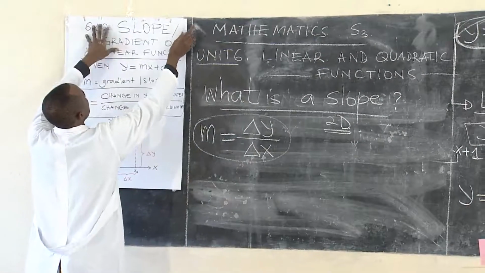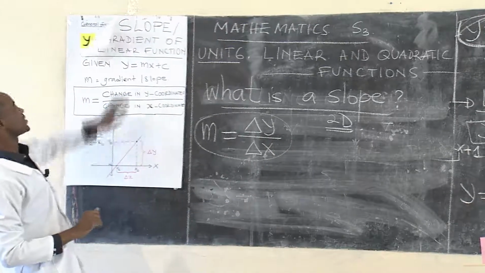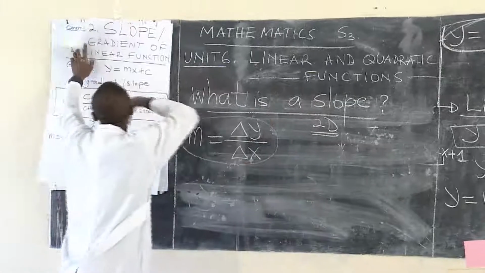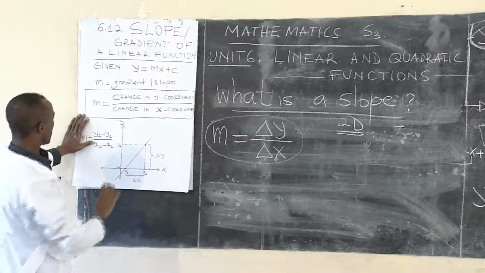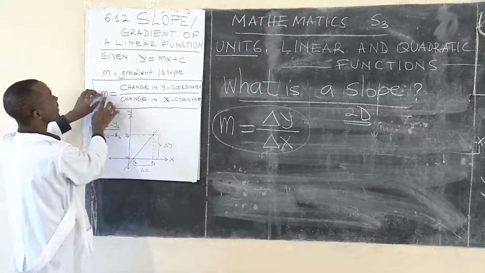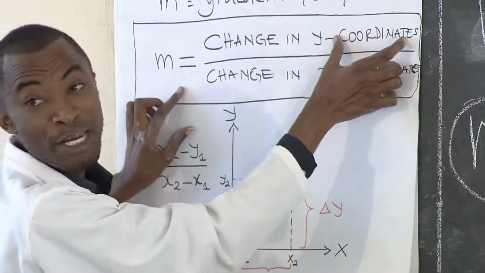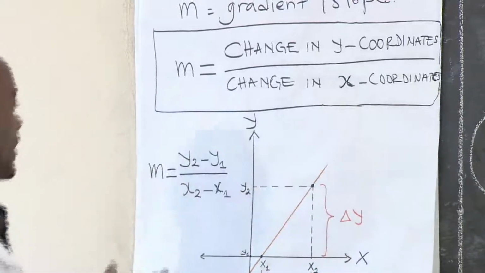Put it here. Look at this. This is what I was talking about. You see, we have been saying that a gradient is equal to the change in y coordinates over the change in the x coordinates.